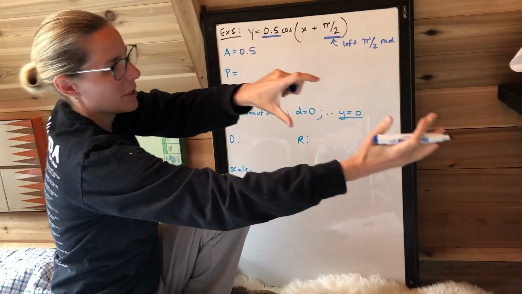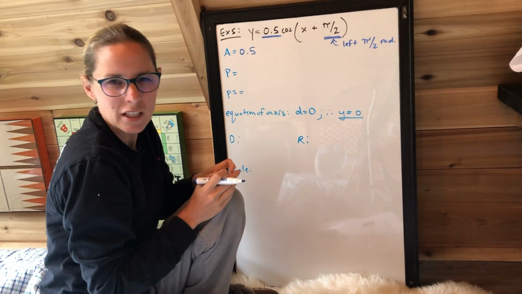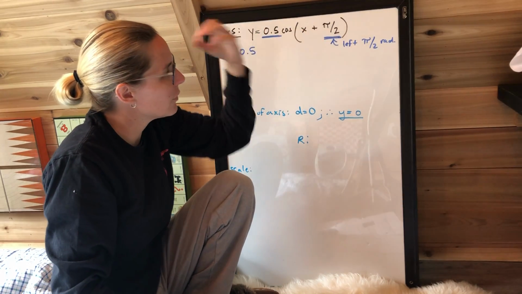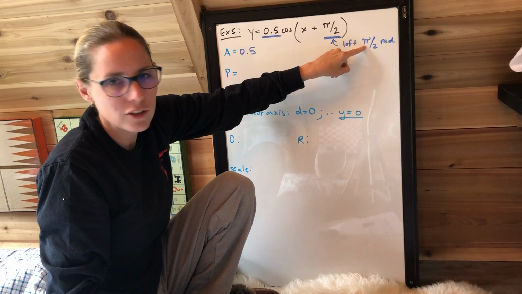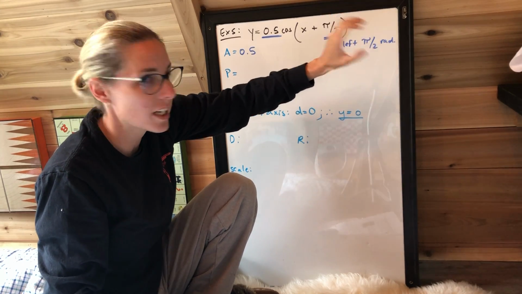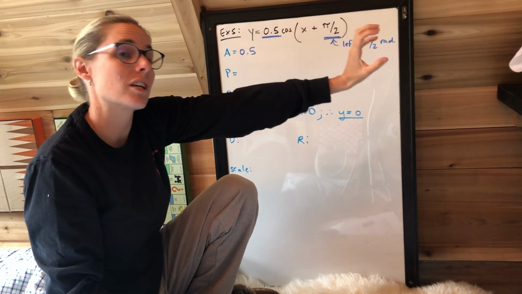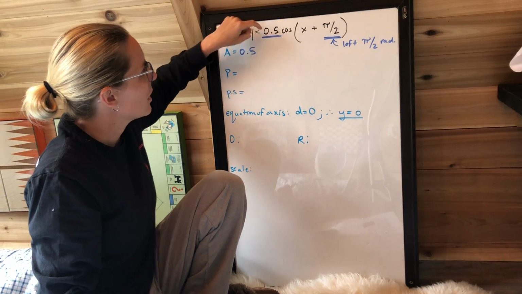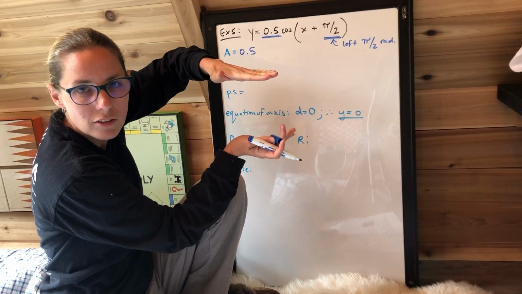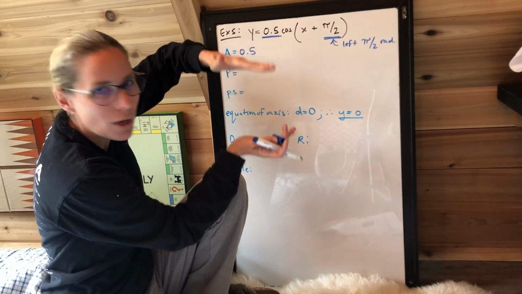So the whole graph is being shifted to the left, pi over 2. In your heads, it's very hard to visualize what you mean by left pi over 2. Well, if you're having trouble thinking, pi is 180 degrees, and 180 divided by 2 is 90 degrees. This is just taking a cosine graph, shifting it 90 degrees to the left, and the amplitude used to be 1, has been shrunk to 0.5. So it's been vertically compressed.